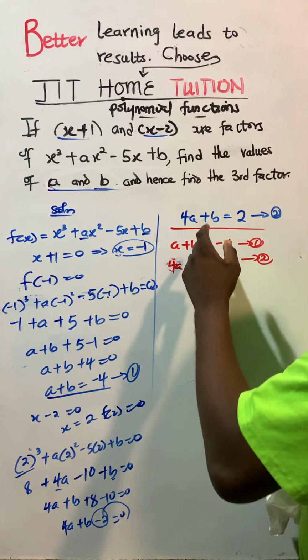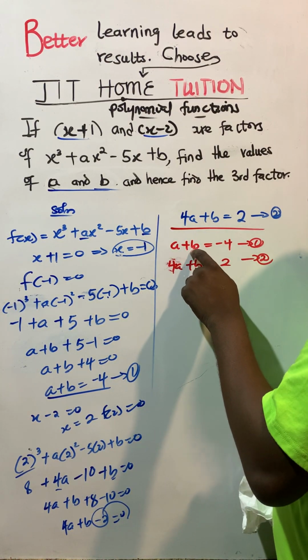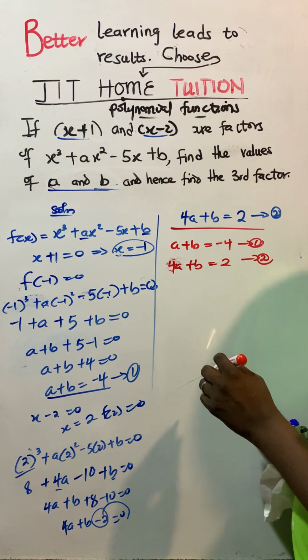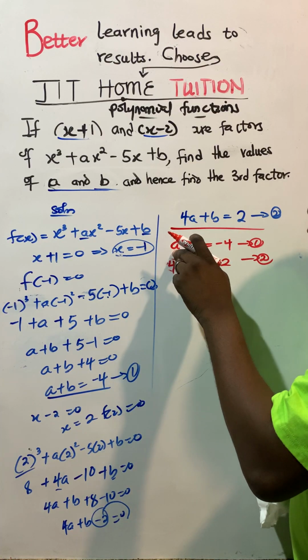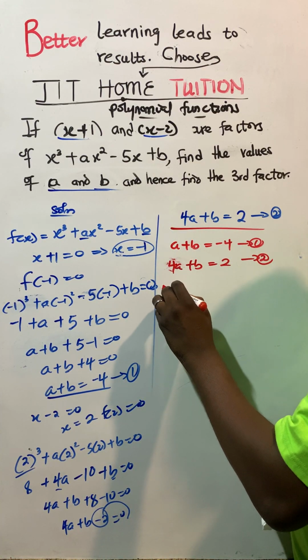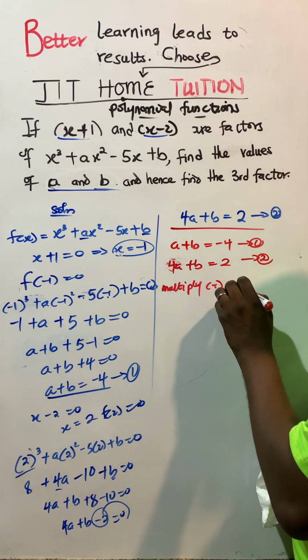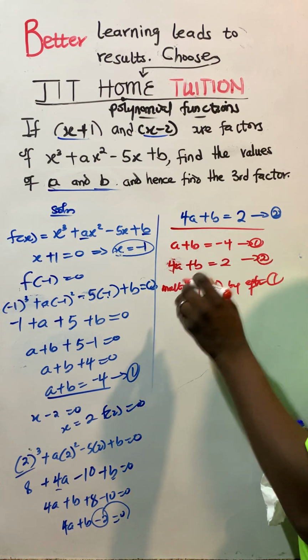So I want to eliminate B. But look at it, B here is positive, here is also positive. So what I'm going to do is multiply equation 1 by -1. So you write: multiply equation 1 by -1.